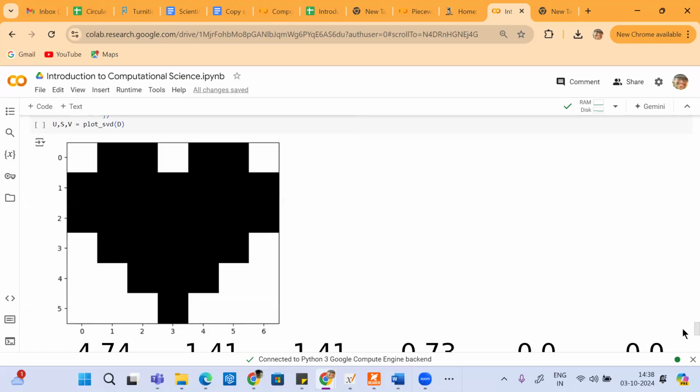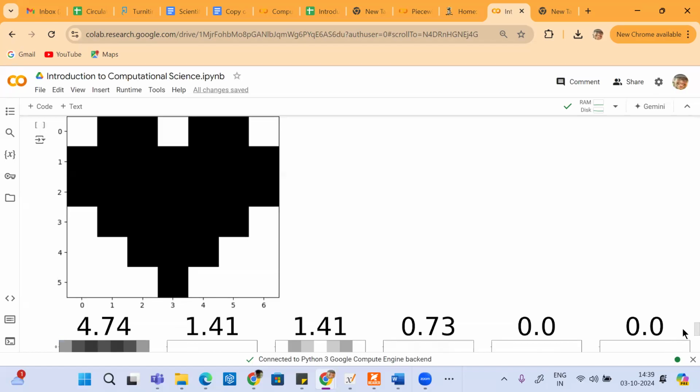Yes. So you can see that you can create an image just by putting zeros and ones. Black is denoted by ones, white is denoted by zero. So this is the matrix, and I am applying SVD to it. Remember the numbers above the image.